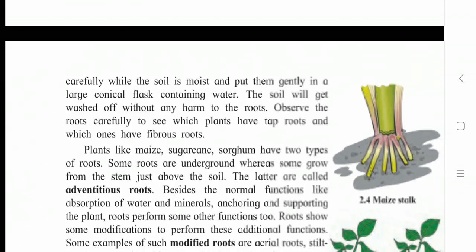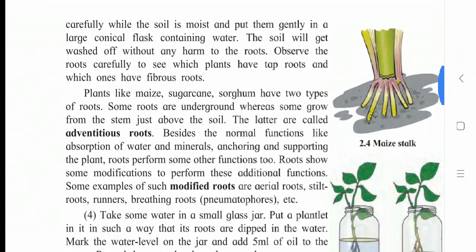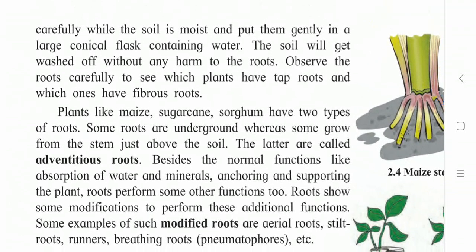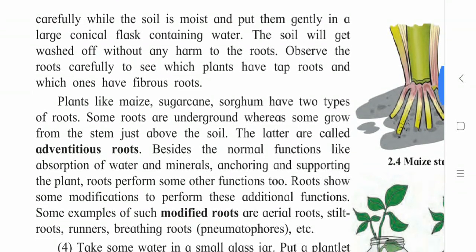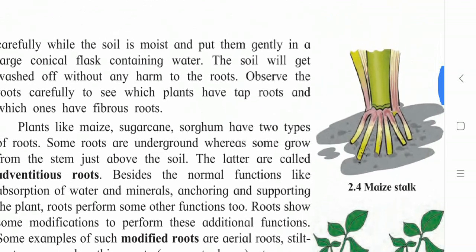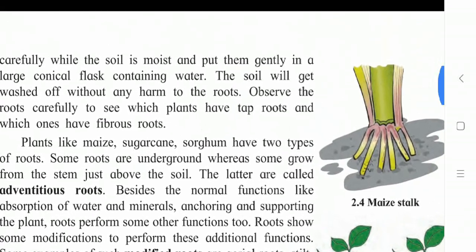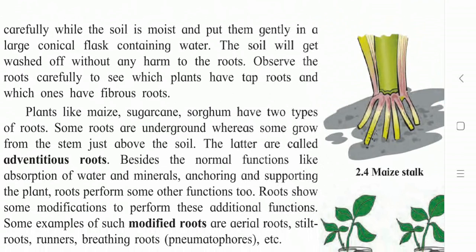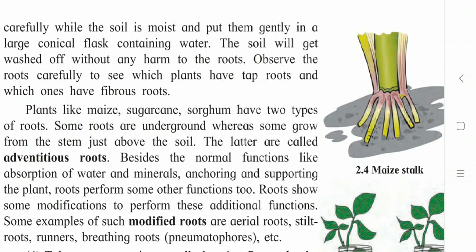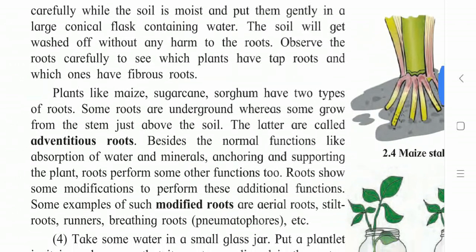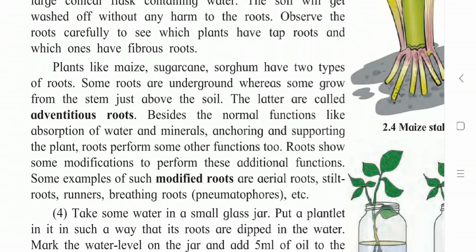One more root we'll see in this lesson is called adventitious root. See here they have shown us a maize stalk. How the roots are there, you can observe in figure 2.4. Plants like maize, sugarcane, sorghum have two types of root.